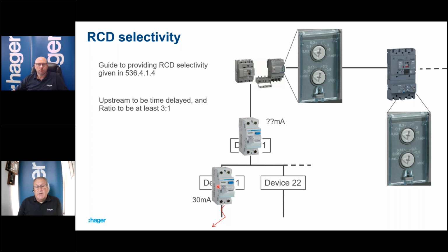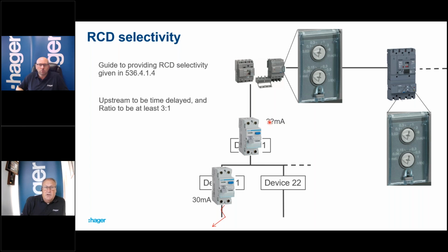So this is likely to be the end one, 30 milliamps, and maybe device 22 here is also 30 milliamps, and it could be a 23, 24, etc. So 30 milliamp devices for the end equipment. So if I need to provide an RCD feed in this distribution board, what type of RCD would this be? Well, the golden rule here is 3:1. So 30 milliamps times 3 is 90 milliamps. Of course, we don't make 90 milliamps.